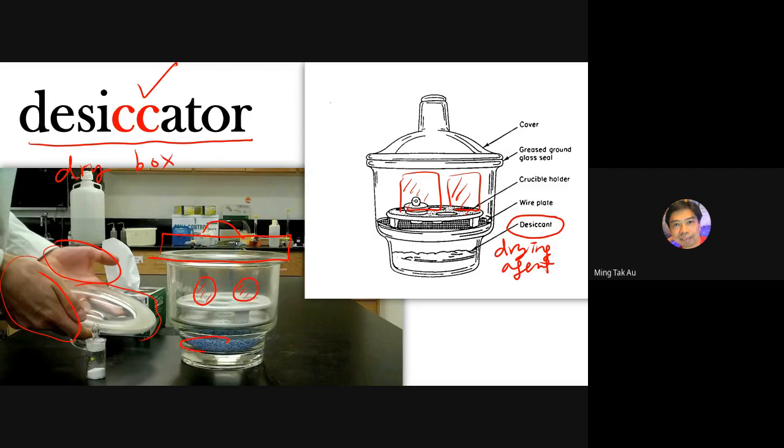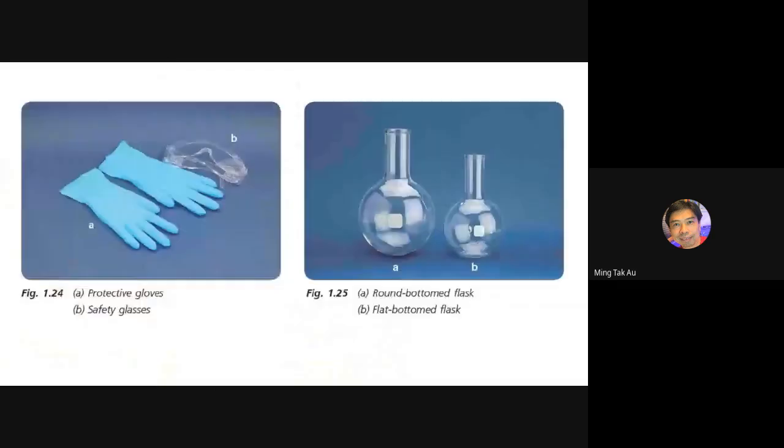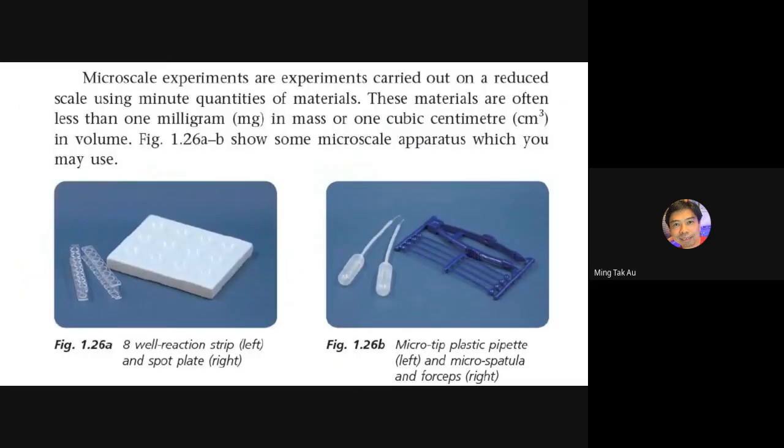Can you see this? This is the drying agent or desiccant. This one we say desiccator. In Secondary 3 we start to learn this desiccator. For all this you can read through your textbook.